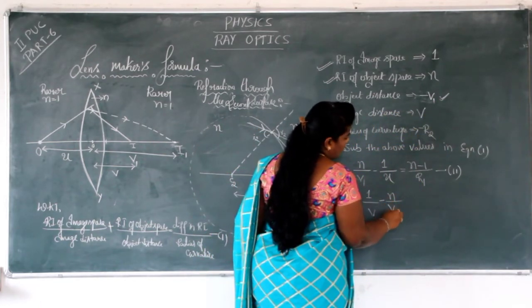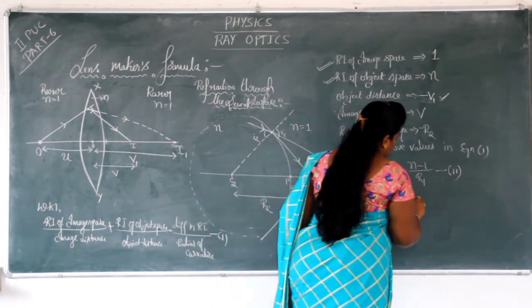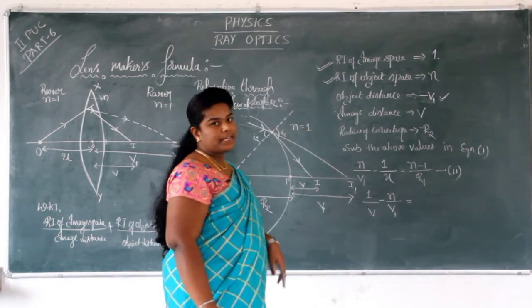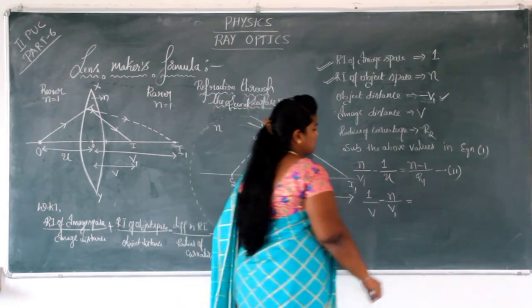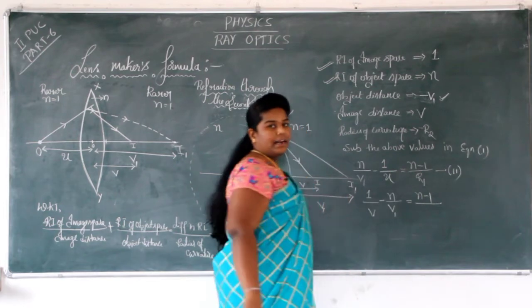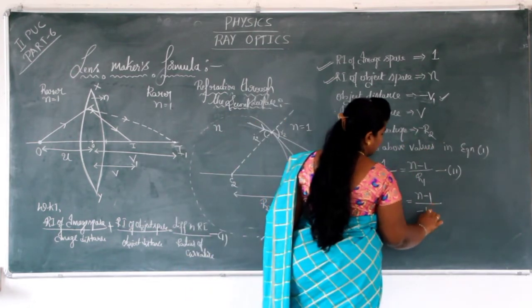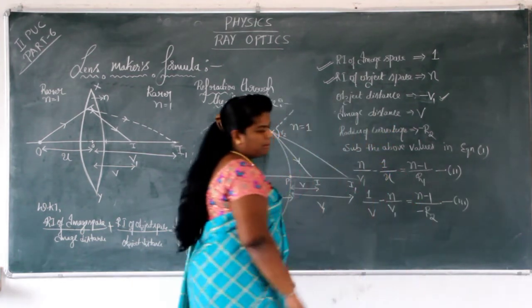So here it is minus N by V1, which is equal to the difference in refractive index. We have two refractive indexes, 1 and N. So the difference can be written as N minus 1 divided by the radius of curvature, which is minus R2. Take it as equation number 3.